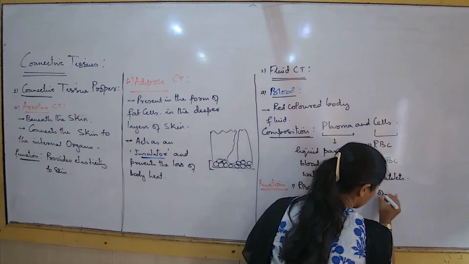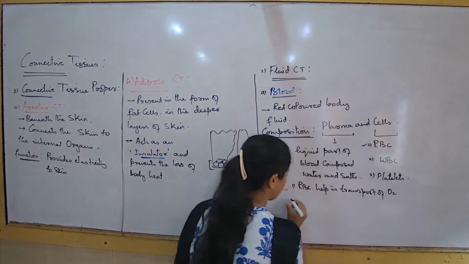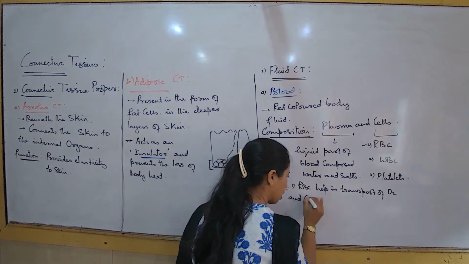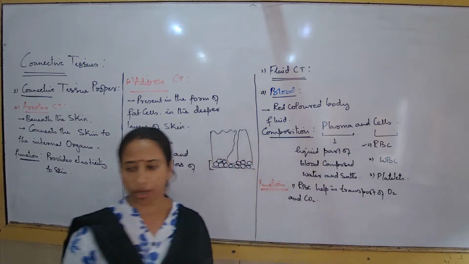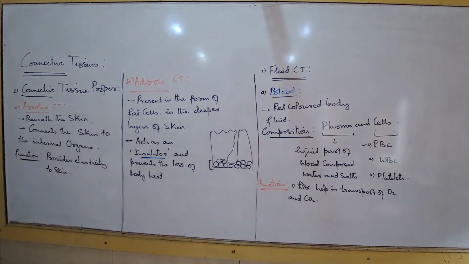Now that we are talking about transport, what is the meaning of transport here? The blood has RBCs, and RBCs can bind with oxygen and take the oxygen from our lungs to the body tissues. And from the body tissues, it can get the carbon dioxide back to the lungs.